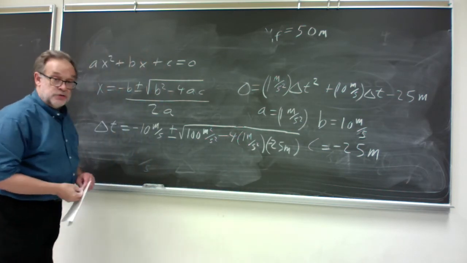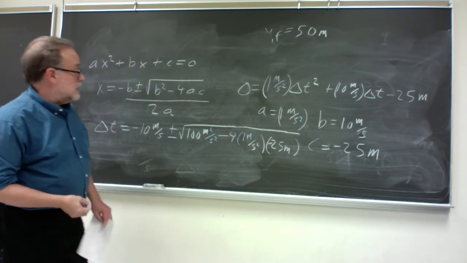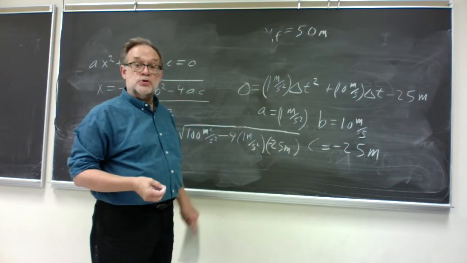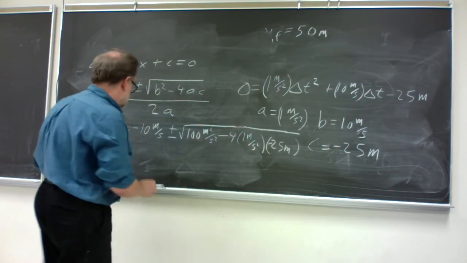And then this is all divided by 2a. There's a, so 2a is 2 meters per second squared.